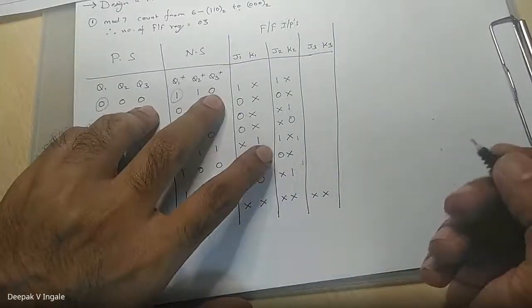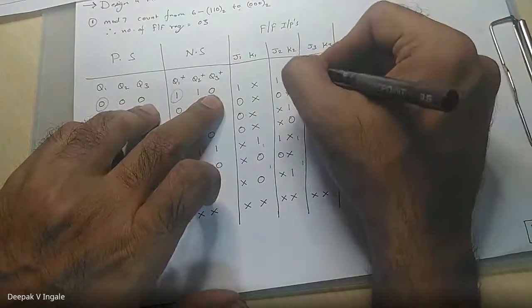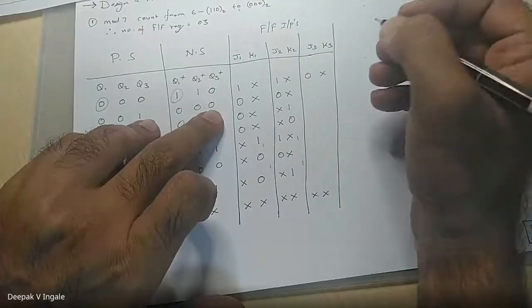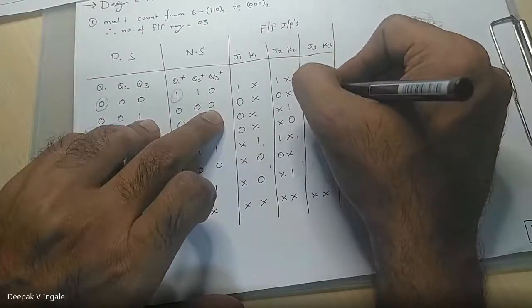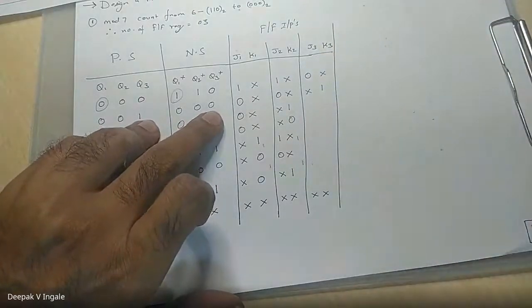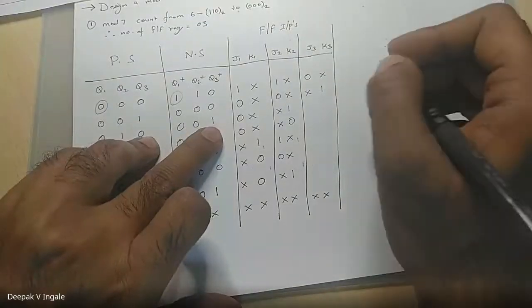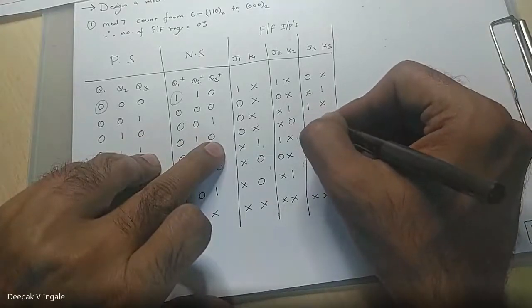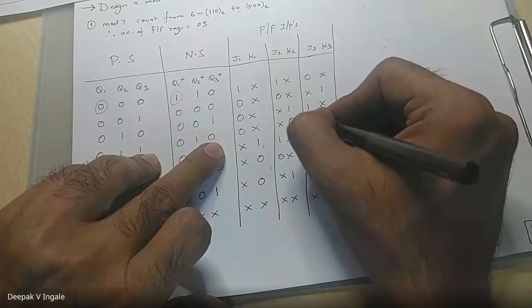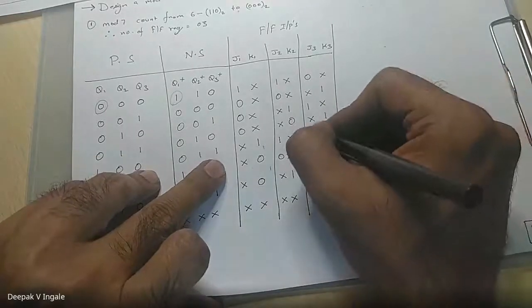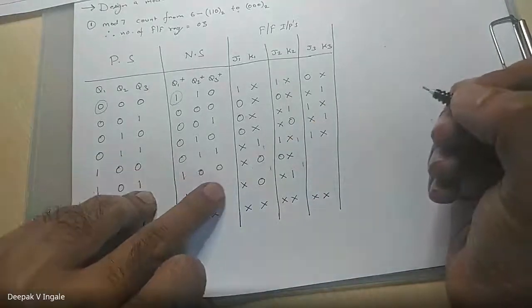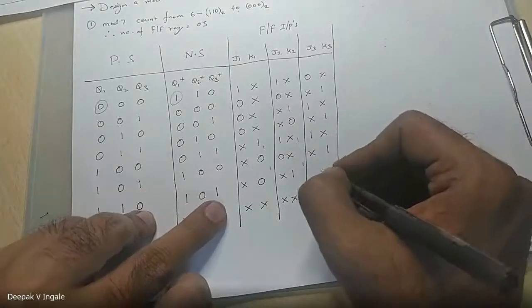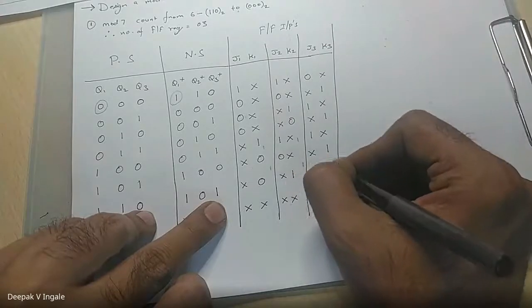Now write for the last one. 0 0 is 0 x. 1 0 is x 1. 0 1 is 1 x. 1 0 is x 1. 0 1 is 1 x.